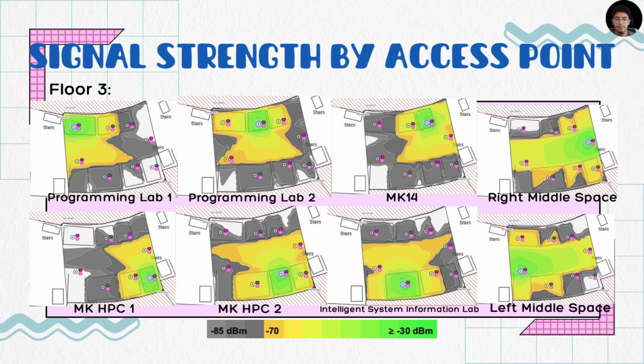And then in the left middle space, this position is also a hotspot, because students also like to do revision, study, and do assignments there, because it has tables and chairs too, just like the right middle space.